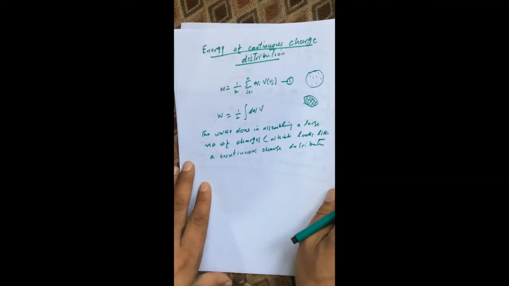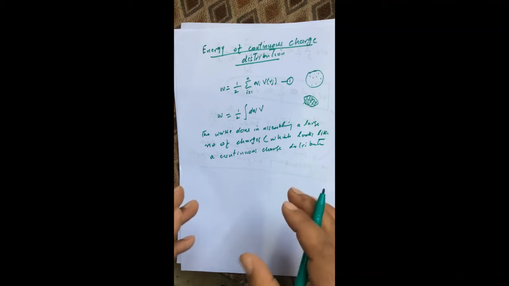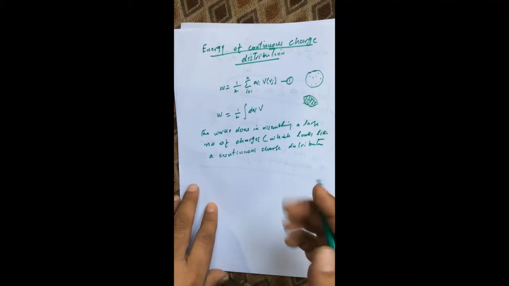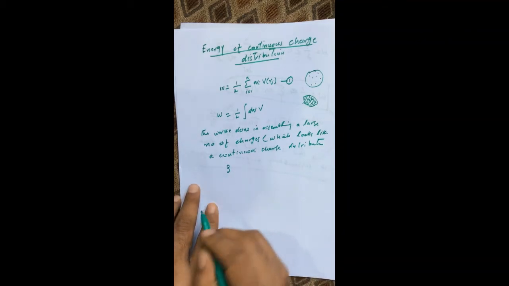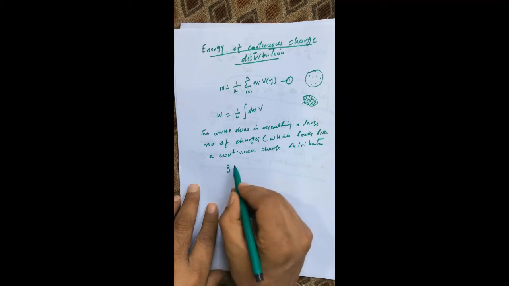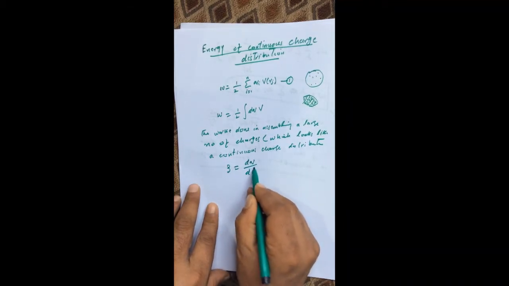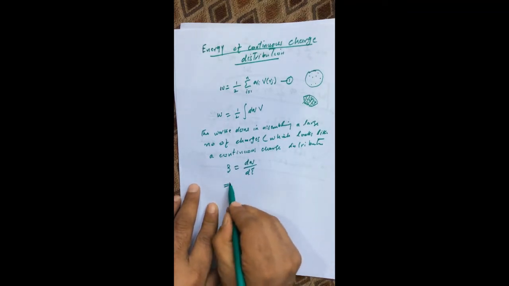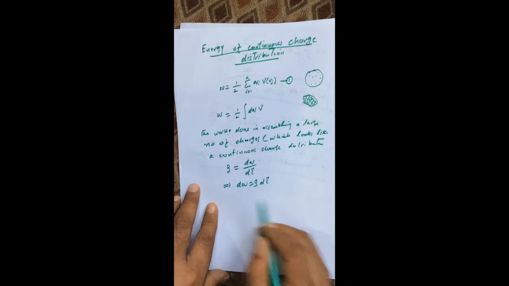Suppose the charges we assembled are in a region that has a volume V and volume charge density rho, which is given by charge per unit volume. I represent this volume element by d tau. So from this we can write dq is equal to rho into d tau.